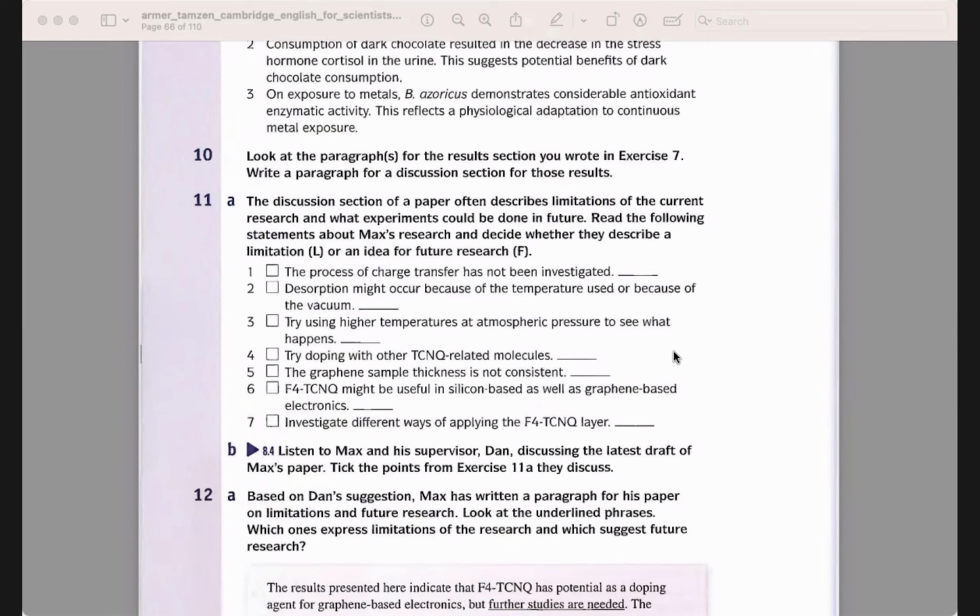It's future research. Try doping with other TCNQ-related molecules, also future research. The graphene sample thickness is not consistent. It's a limitation. F4TCNQ might be useful in silicon-based as well as graphene-based electronics. It's for future research. And to investigate different ways to apply the F4TCNQ layer, also future research.